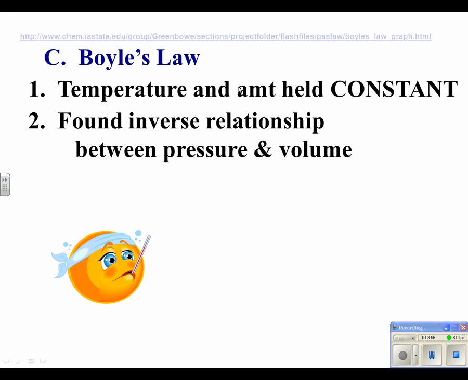So temperature and amount have to be held constant if you want to look at the relationship between pressure and volume. What he found was that if you started at an initial pressure and volume and you changed the pressure, the volume went down. And that makes sense. If you take a container and you squeeze on it, the volume will get smaller. That's increasing the pressure, so you're going to decrease the volume.